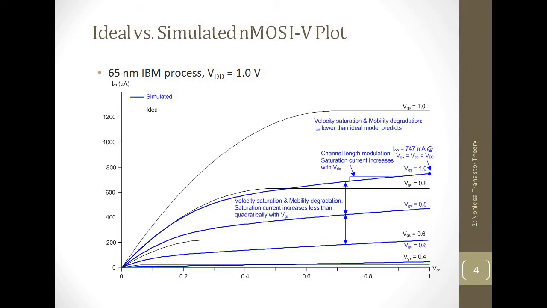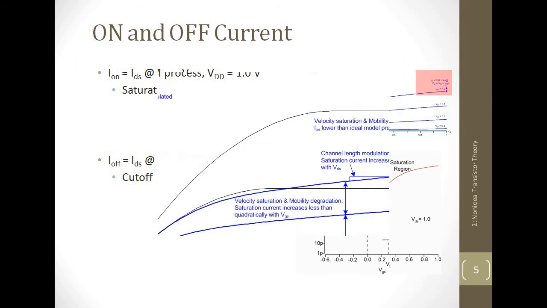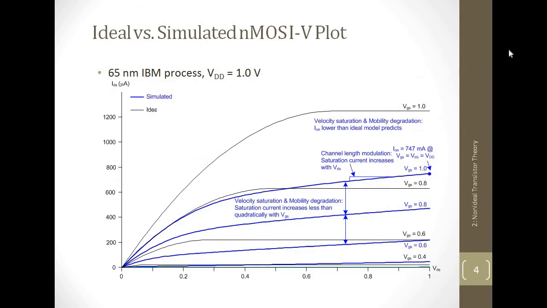Not only that, there are parameters called mobility degradation, because the lower the mobility, you can see here, it affects the ideal parameters of the MOSFET. So we need to look into the mobility degradation, velocity saturation, and the channel length modulation.